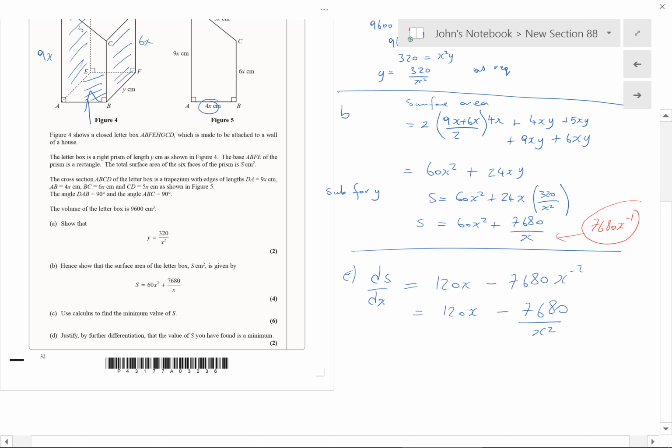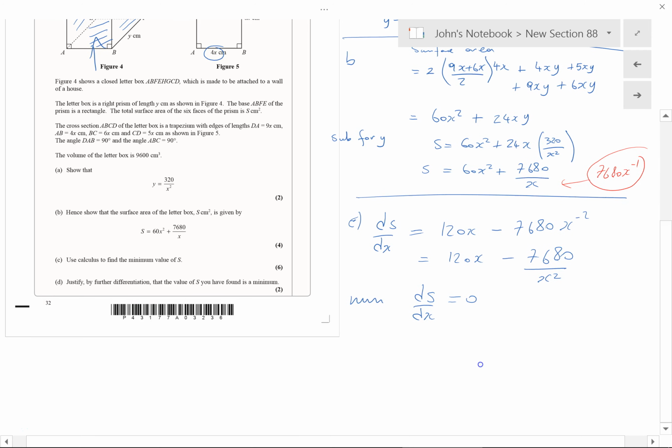Okay, now that's equal to 0. So for a minimum, ds by dx equals 0. So that gives me 120x minus 7680 over x squared equals 0.